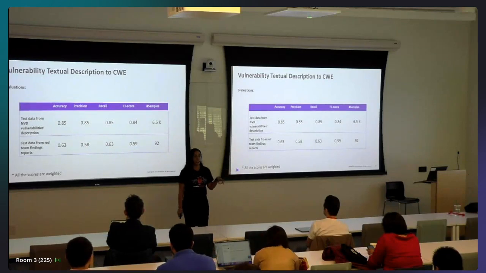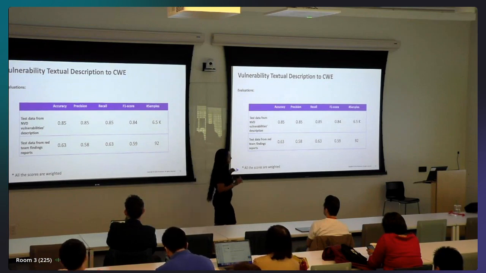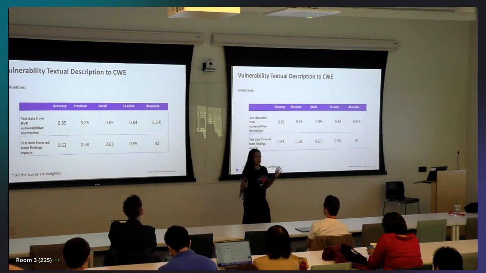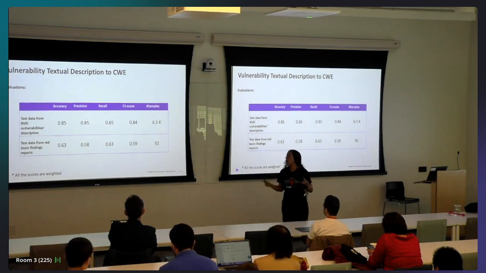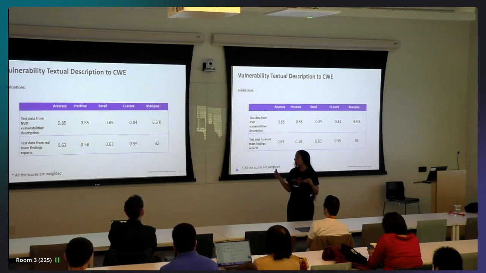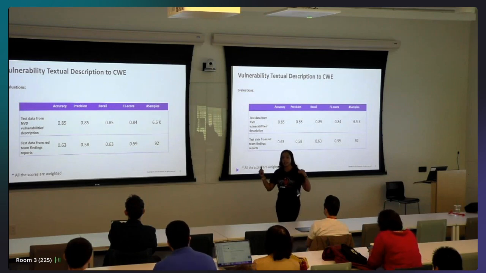And the second evaluation is a bit different. We took the finding descriptions from the red team in Accenture. Remember, this is internal data, so no one tells the red team people how to write the description or the structure, and no one reviews this data.